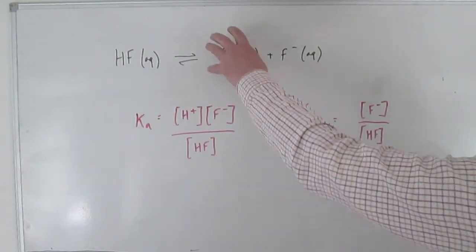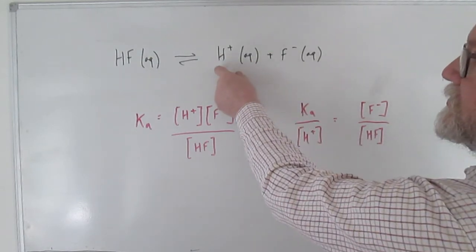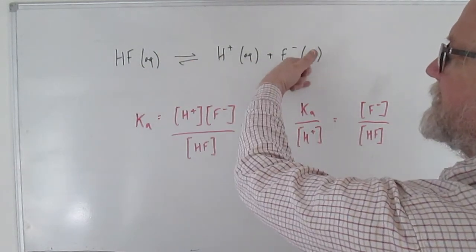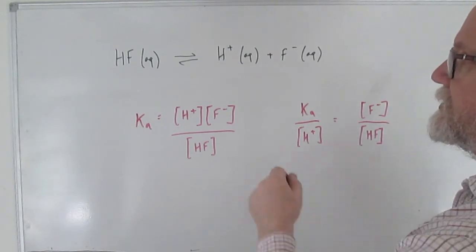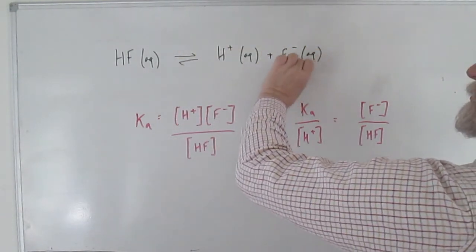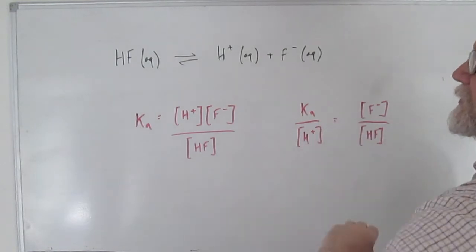Whereas if you added alkali to take H+ away, so this concentration dropped, this will shift to the right to oppose the decrease in H+ concentration, so the proportion of F- relative to HF will increase.